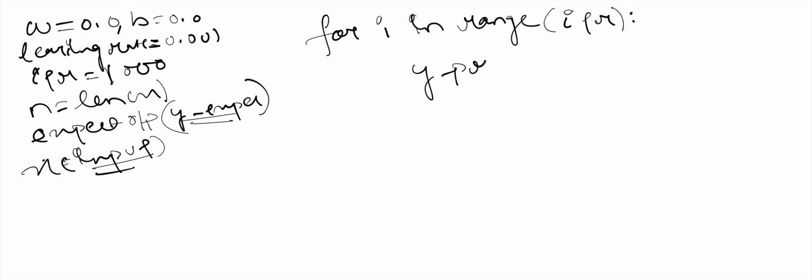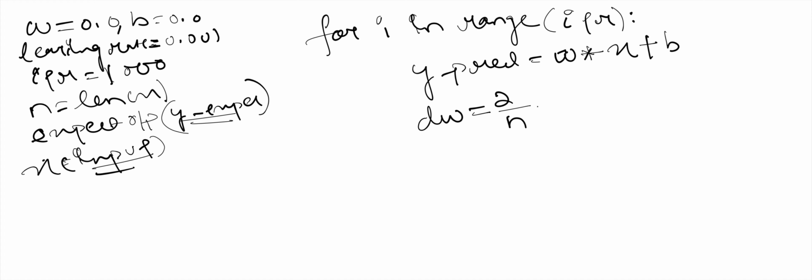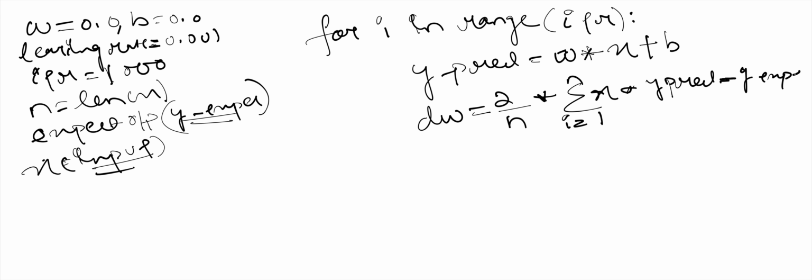y prediction is equals to w into input plus biasing. Then we calculate dw is equals to 2 by n, then summation of i equals 1 to n, x into y prediction minus y expected.